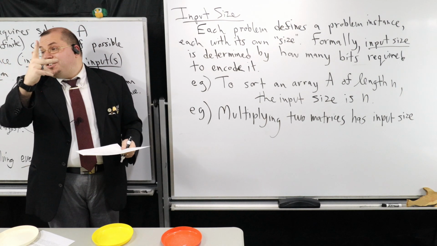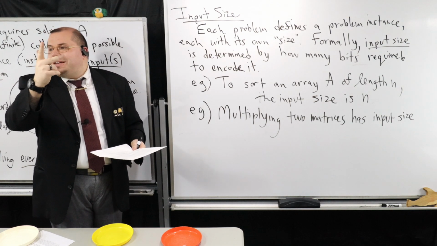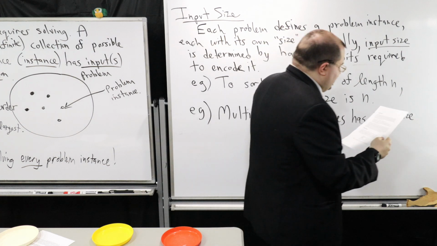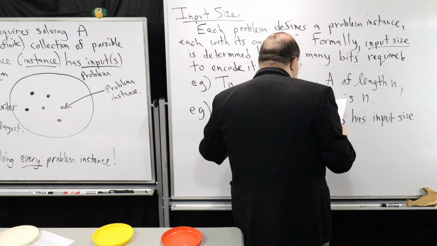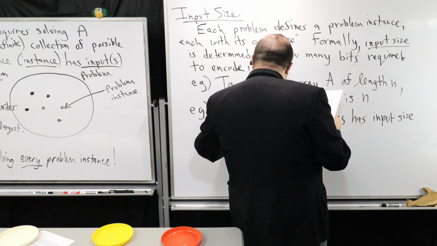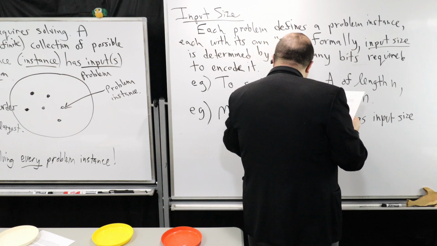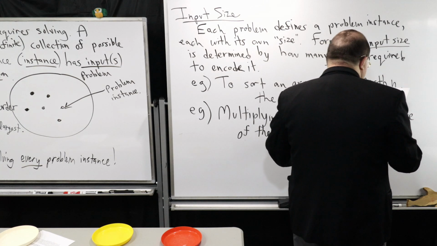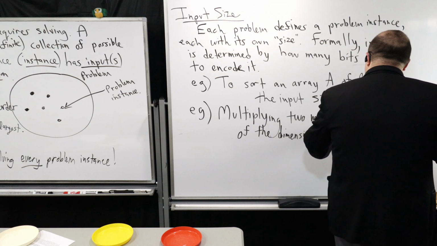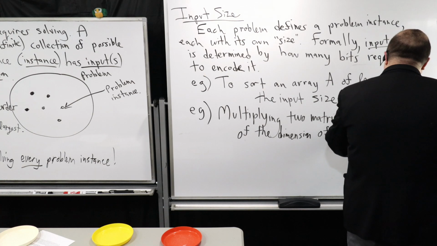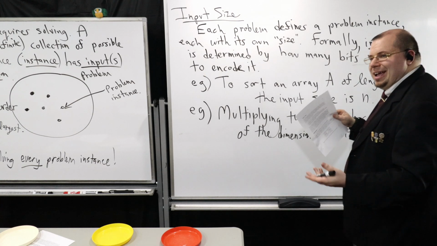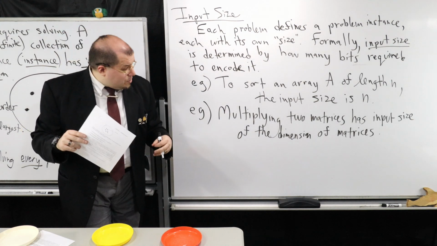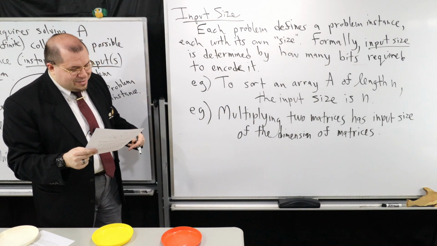Yeah, if it was a square matrix, it would just be n by n. But this is really just the dimensions of the matrices, right? So, very good. The input size is the dimensions of the matrices, because each entry will just have a number. And if we assume that each one's encoded with a finite number of bits, that's some fixed number, this is another way I could consider that.